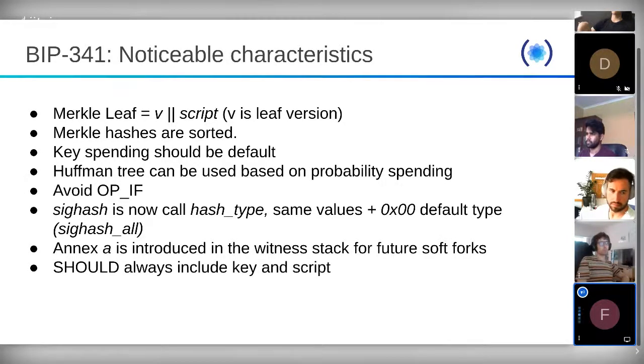Same if you just want to spend by your script, you put an unspendable key there, but not a fixed value either, because if you have a fixed-value unspendable key, a fixed value P, then the heuristic can see that this output is only meant to be spent by a script.